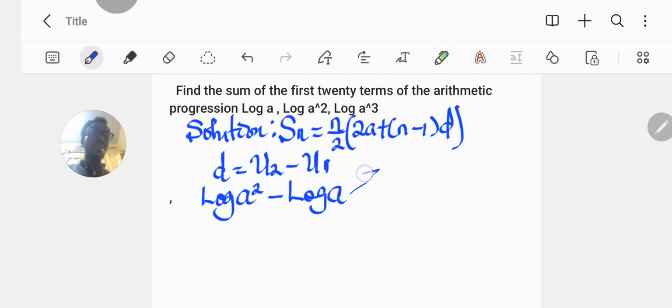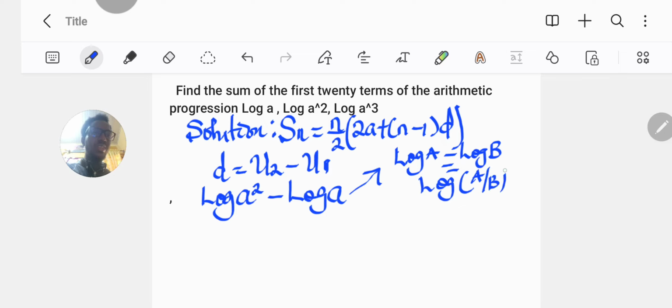Now, if you remember from the law of logarithm, we have that log a minus log b equals log a divided by b.